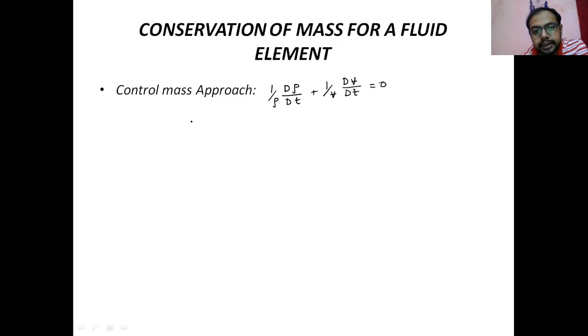So that is nothing but again, writing 1 by rho d rho by dt plus divergence of V. Divergence of V is equal to 0.